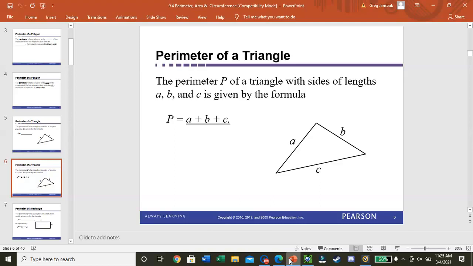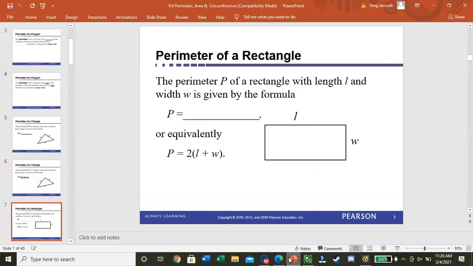If you look at each one of these discs as a length, 1, 2, 3, 4, 5, that would be one side, and then 1 through 11 would be another side, so 5 plus 11 is 16, and then 1 through 13, so 16 plus 13 would be 29. That would be equivalent to 29 whatever units, inches or whatever you're looking at. So you're just adding up all the sides.